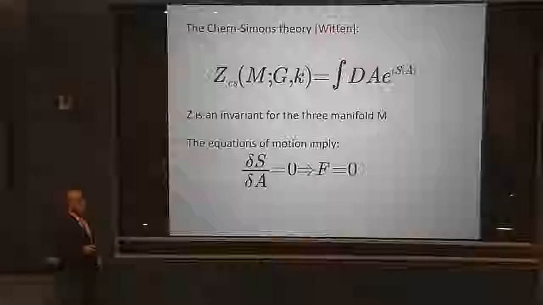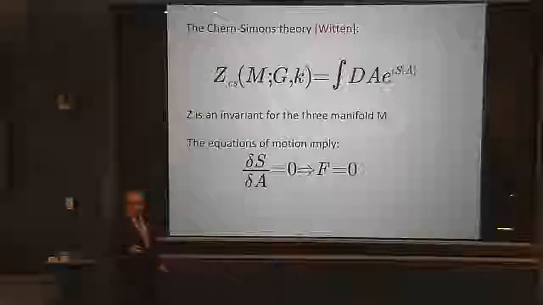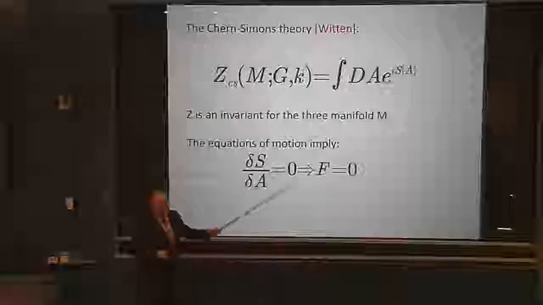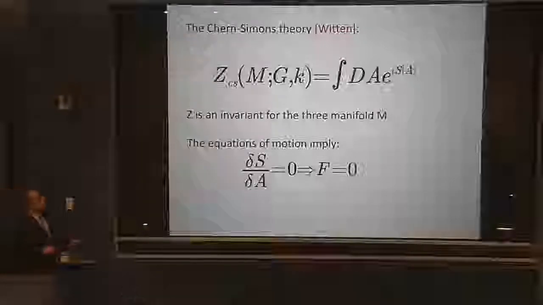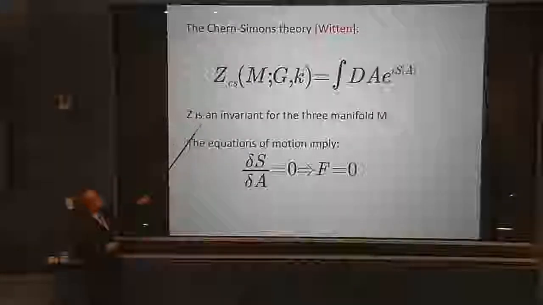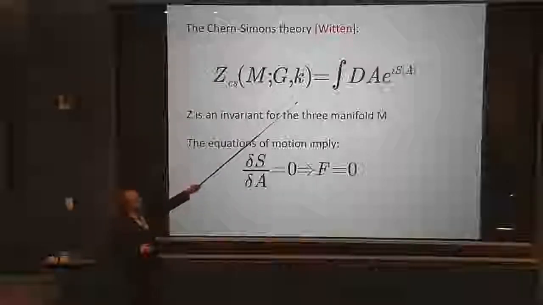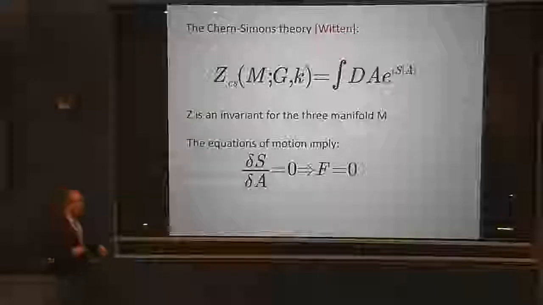So that's a well-defined gauge invariant object. Roughly, you want to integrate over the space of all gauge fields. Physicists have dealt with what this integration over the space of gauge connections means. This is called the partition function Z of Chern-Simons theory, which depends on the manifold, the group that you choose, and also the level k, the coefficient in front of the action.